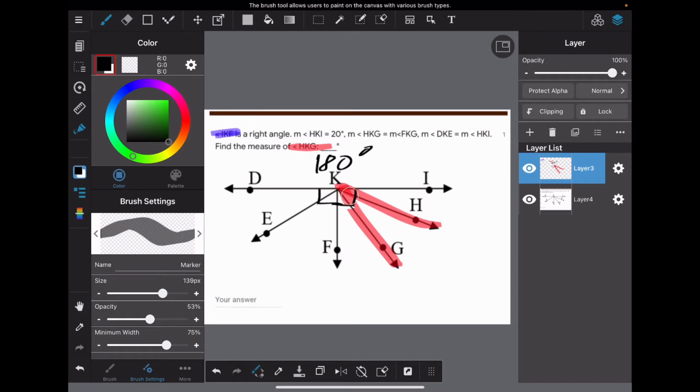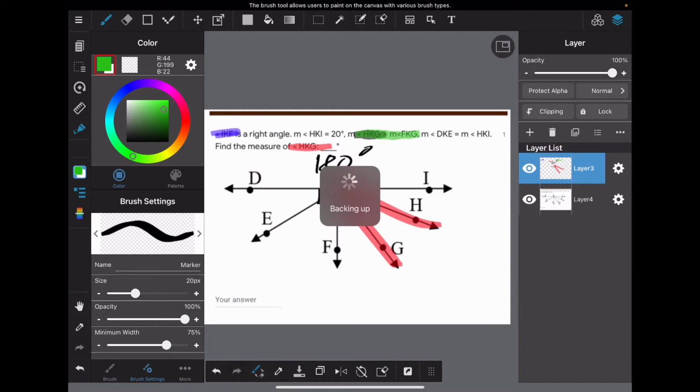What else does it tell us? Well, we know that HKG is congruent to FKG. So maybe if we can solve for those, we'll be able to find our HKG here. So I'm going to mark that. HKG, right here, is congruent to FKG, which is right here.